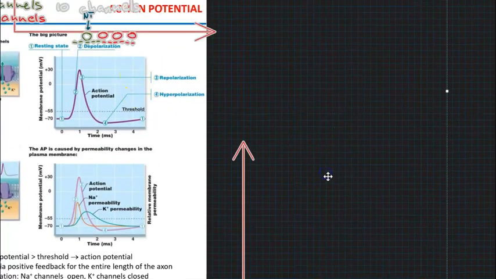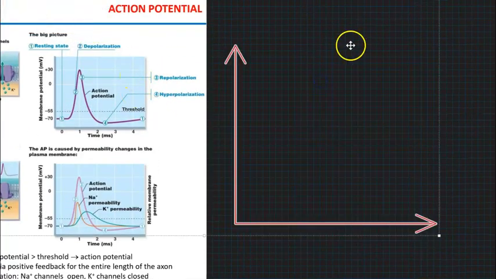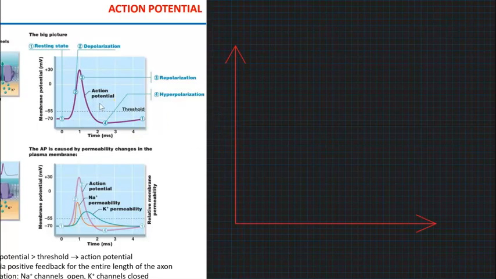So what I'm going to do, I'm going to step by step illustrate that image. Okay? So we're going to start with the resting state. This is your resting membrane potential. Okay?